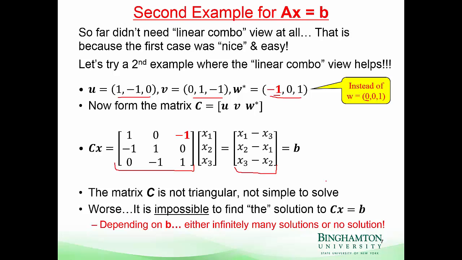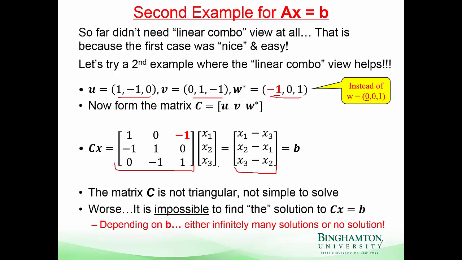With A, you give me a B and there's just one solution for the x vector that solves that equation. Here, you give me a B, I don't know whether there's a solution or not. There might be, there might not be a solution. And if there is a solution, it turns out that there isn't just one unique solution for that given B. There's infinitely many solutions.